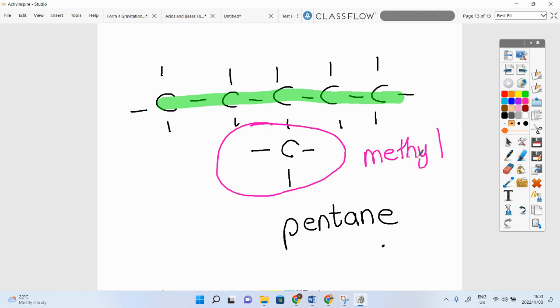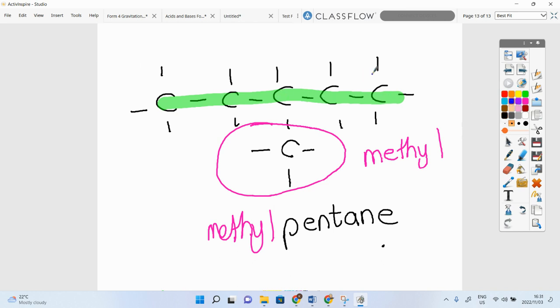Where am I going to put this? In the back of the name or the front of the name? In the front of the name. So it's going to become methylpentane. But now I need to tell them because it could be here, could be there. We don't know. So you need to tell this guy on the other side of the world. So you need to decide where to start numbering now.